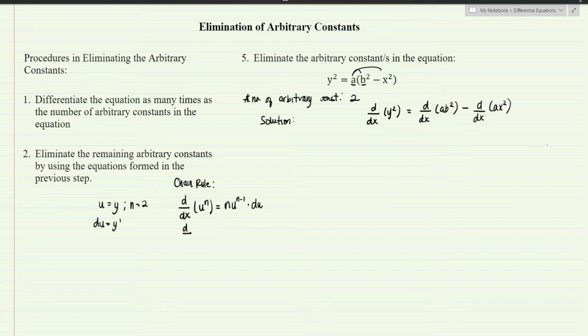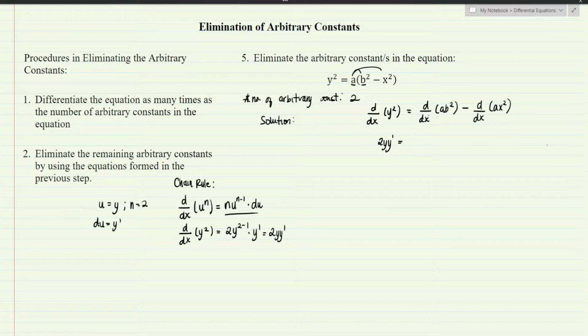So the derivative of y squared would be, following this equation, I would have here 2y raised to 2 minus 1 multiplied by y prime, or this is simply 2y y prime. So I would write here 2y y prime on the left side.